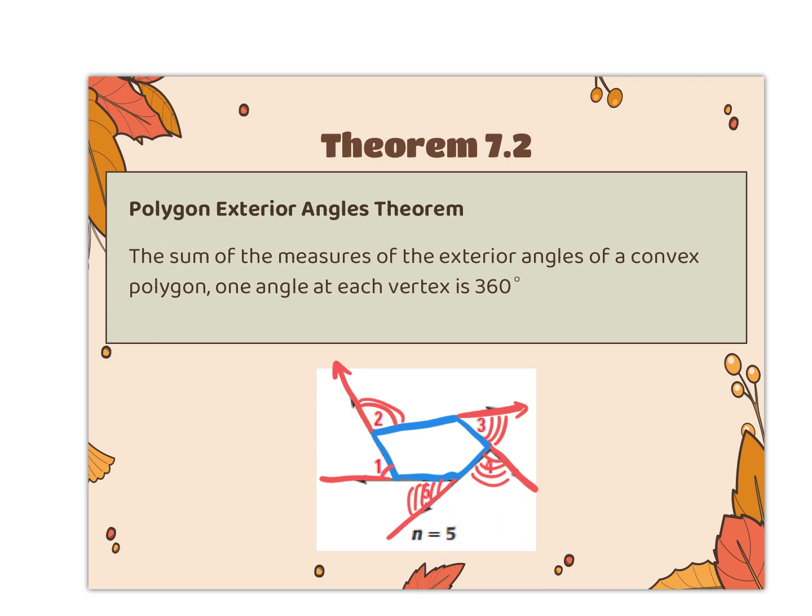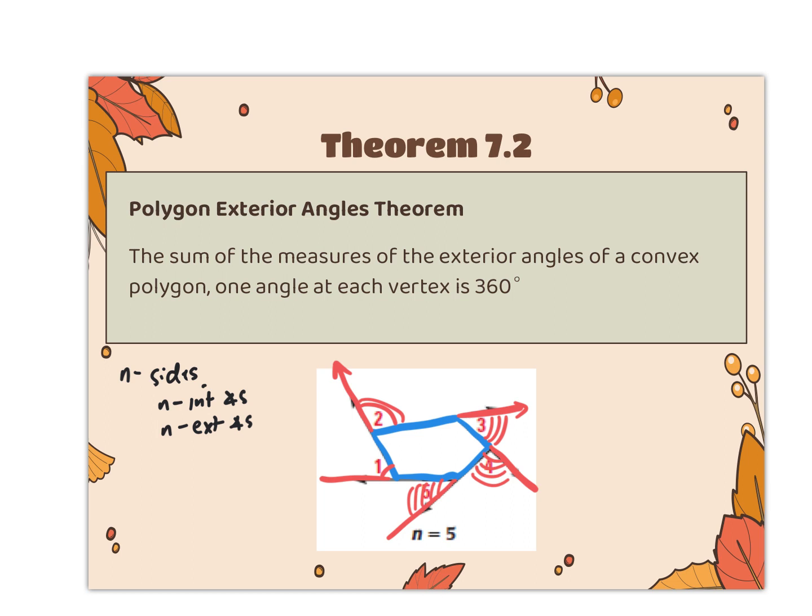But notice, if you have a 5-sided figure, you're going to have 5 interior angles, and you're going to have 5 exterior angles. So depending on the number of sides, n sides, you're going to have n interior angles and n exterior angles.